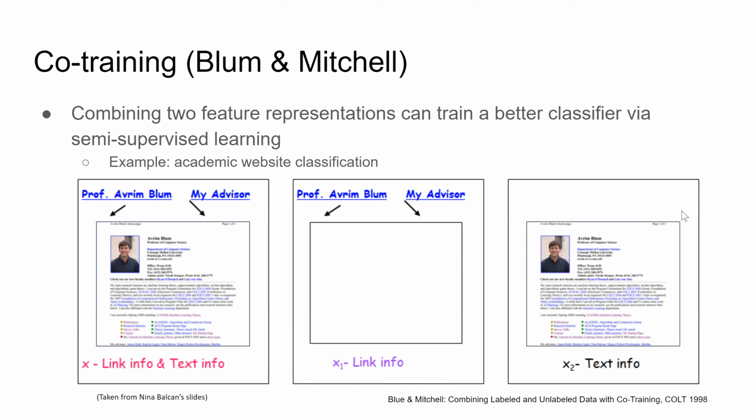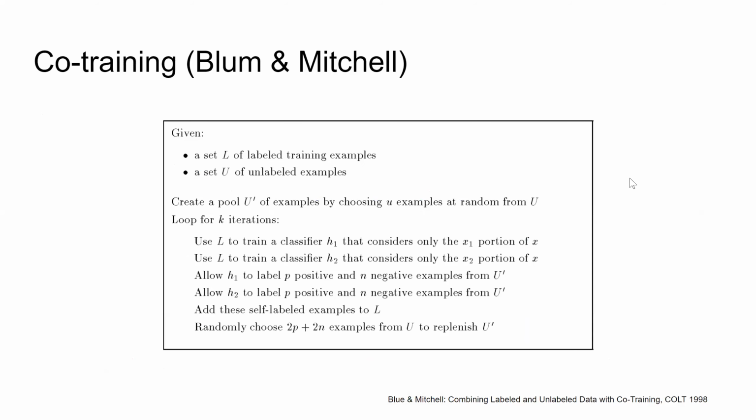So really the co-training algorithm proposed by Blum and Mitchell is about how to combine those representations to get a better classifier than simply concatenating those two features. The algorithm is quite simple and really elegant. They have a set of labeled examples and a set of unlabeled examples. First, they train a classifier on the labeled examples using the first feature representation, and train a second one using the second representation.